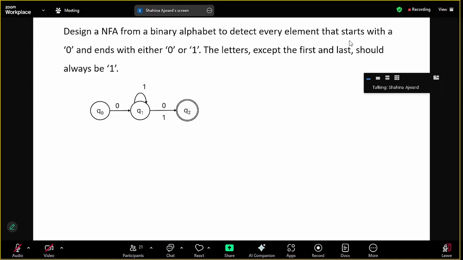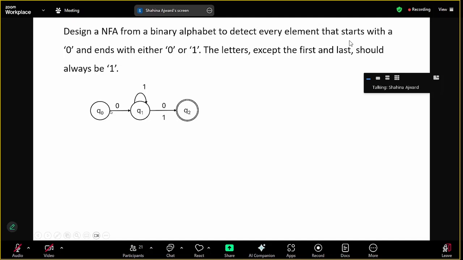The letters except the first and last should always be 1. So the first letter should be 0, the last one should be either 0 or 1, and except for the first letter, the other letters should always be 1. Here, for the middle one, we put a self loop, so it would be 1 if we get 1.